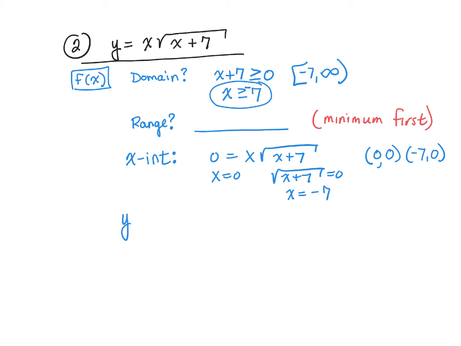And our y-intercepts come from letting x equal 0. So we'll get 0 times the square root of 7, which of course is just 0.